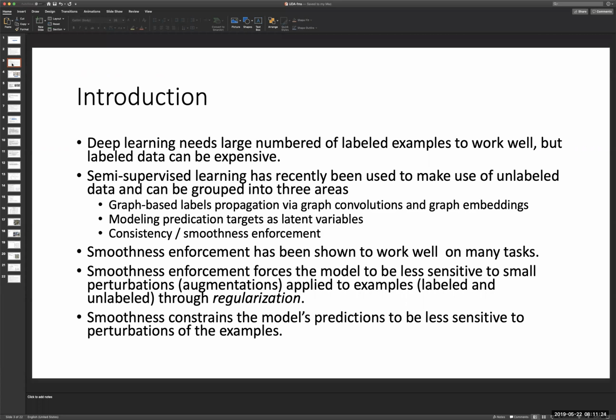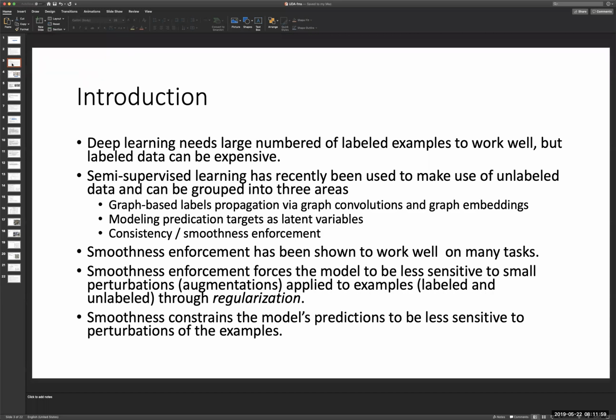So there's the graph-based label propagation, graph convolutions, and graph embeddings, model prediction targets as latent variables, and consistency, smoothness enforcement. So the last one is where UDA inherited some of its techniques from. This smoothness enforcement has been shown to work well on many tasks.